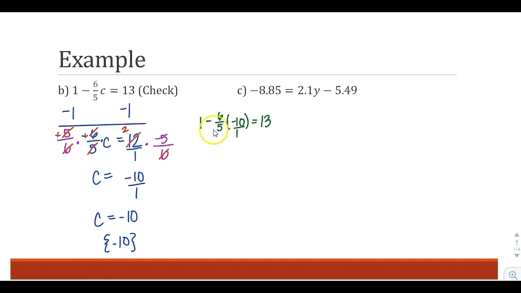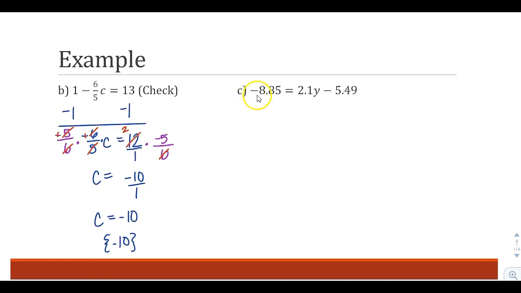And then I can perform the multiplication and division here, order of operations, so I can divide 5 into 10 2 times. And the negative times the negative is a positive. So I'm going to end up getting a positive, a plus 6 times 2. So this is 1 plus 6 times 2, that's 12. And 1 plus 12 is 13. So I do end up with a true statement. So we know that negative 10 is the correct answer.